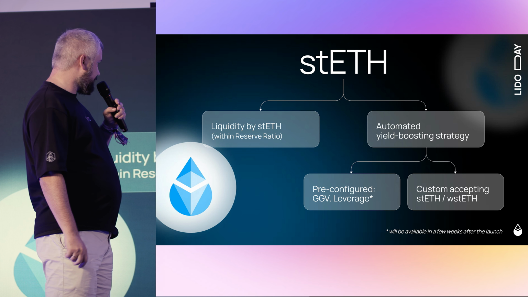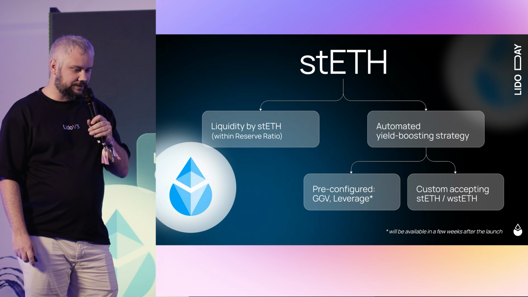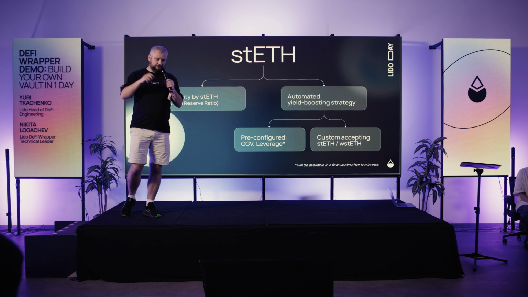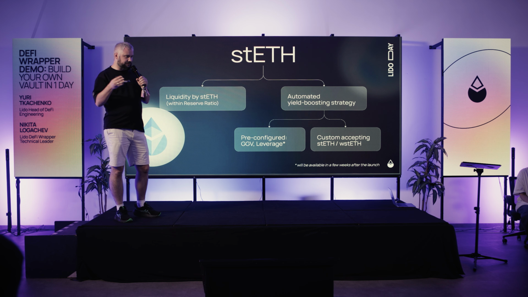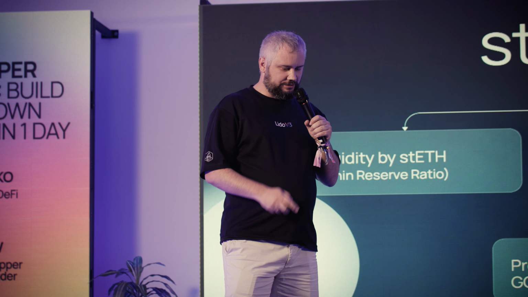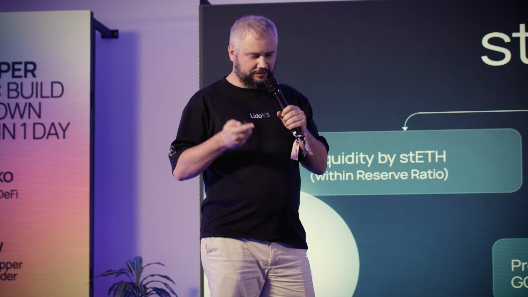One of the main features is stETH. It can be used, like Will already said, in DeFi as liquidity, or for pooling into strategies, so GGV or leverage strategies or custom ones, anything you can come up with, you can build upon the DeFi Wrapper.